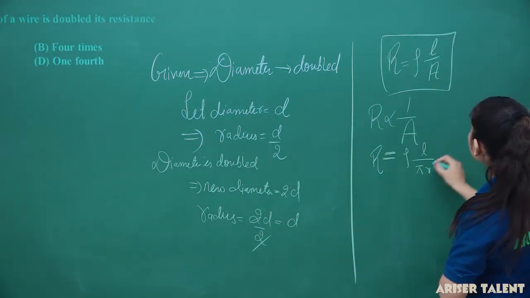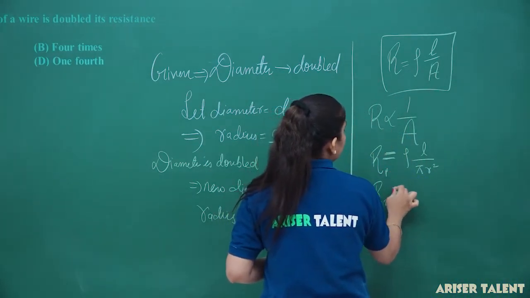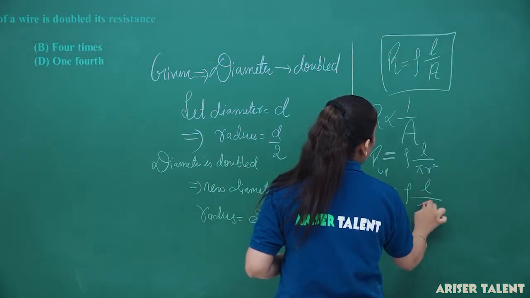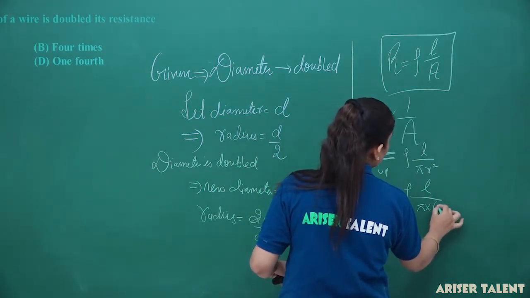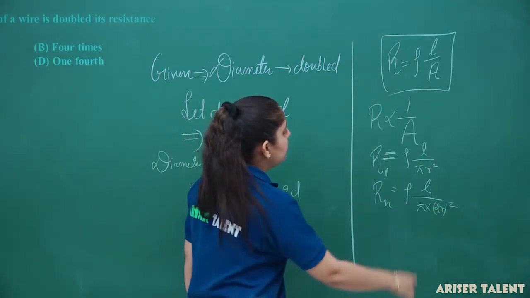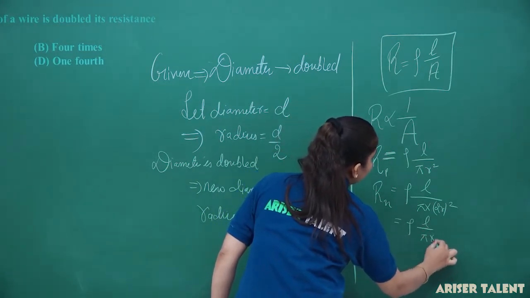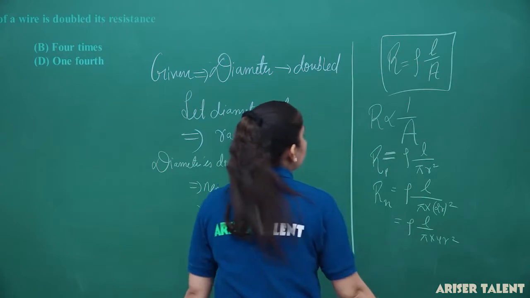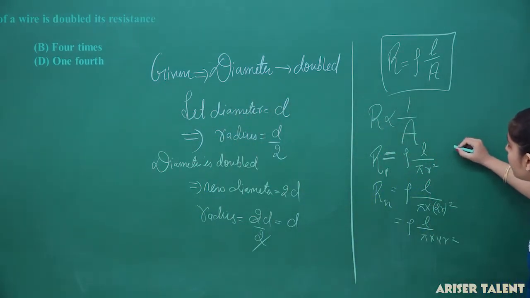And in this case, if I am calculating the new resistance, that is Rn, it came out to be rho L upon pi, and the radius will be 2r square. So now it will be equal to rho L upon pi into 4r square. So you can see that if you are getting the double of the diameter, the new resistance will become 4 times the previous resistance.